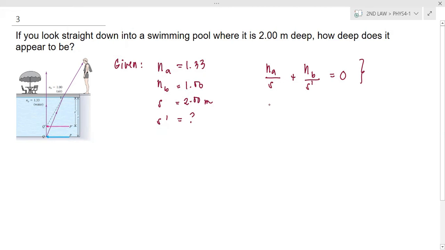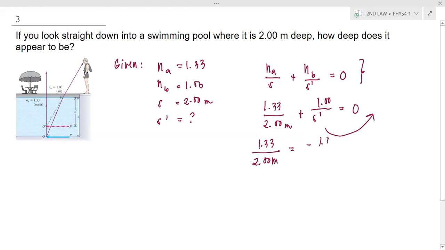Now I will be substituting the values here, so we have 1.33 over 2.00 meters plus 1 over s prime equal to 0. I will transpose 1.00 over s prime to this side, so it will become negative. What will be left on the left hand side is 1.33 over 2.0 meters equal to negative 1.00 over s prime.